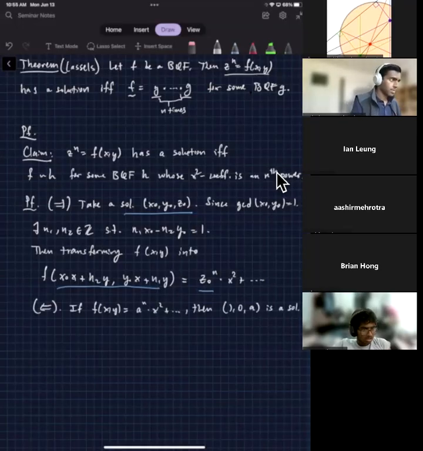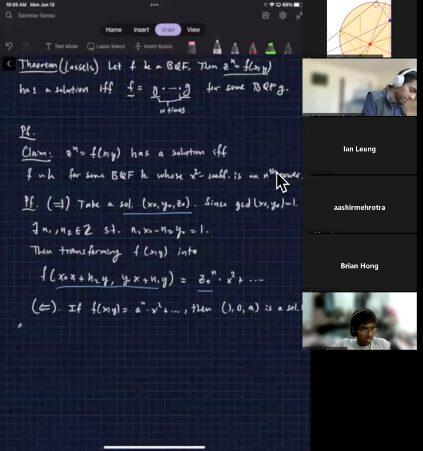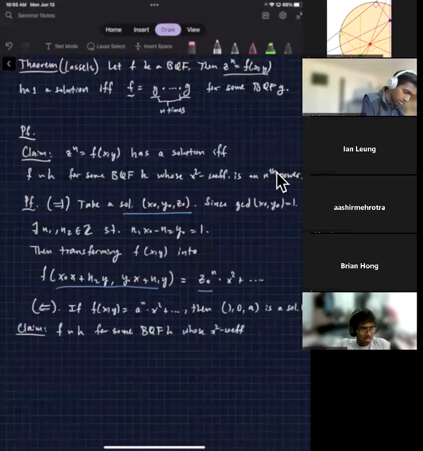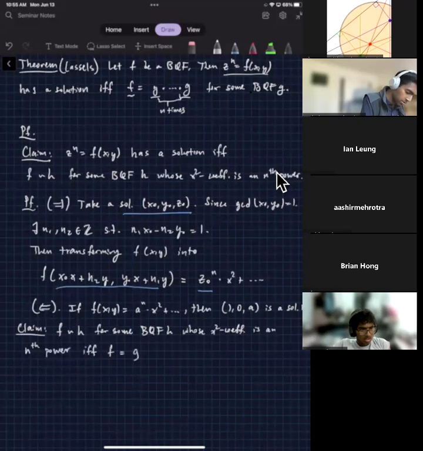For the next claim, f is equivalent to h for some BQF h whose x squared coefficient is an nth power if and only if f is equivalent to an n-fold composition.